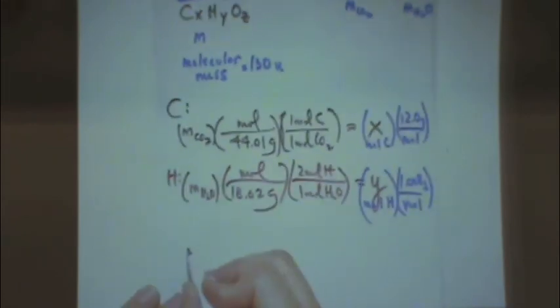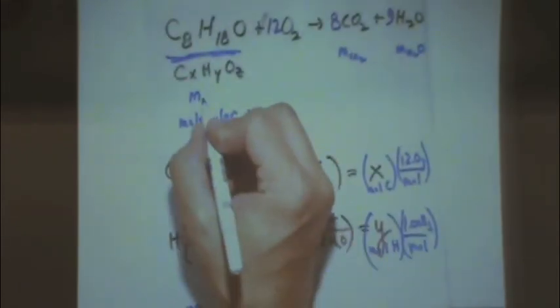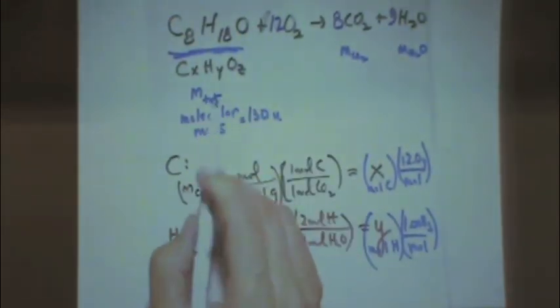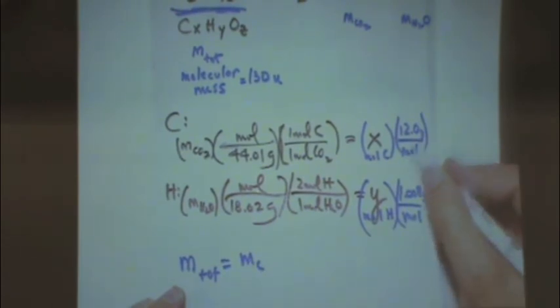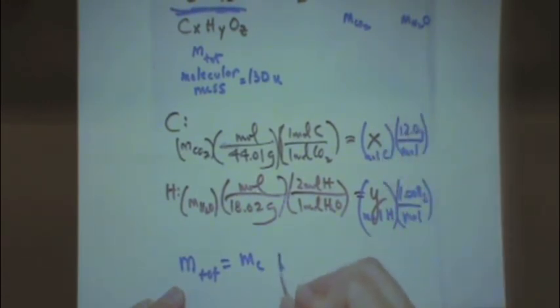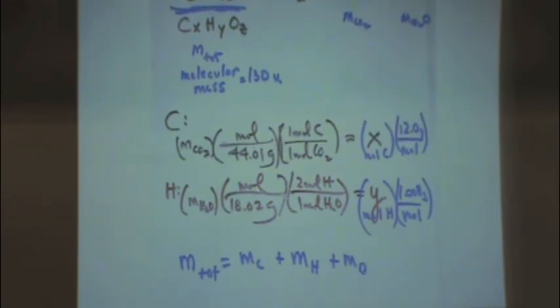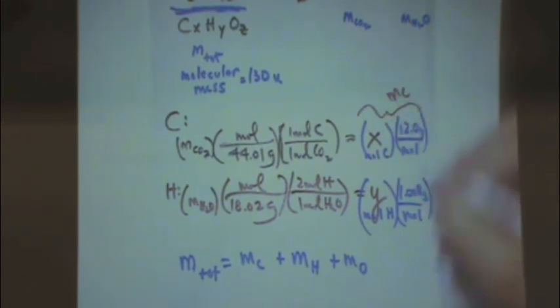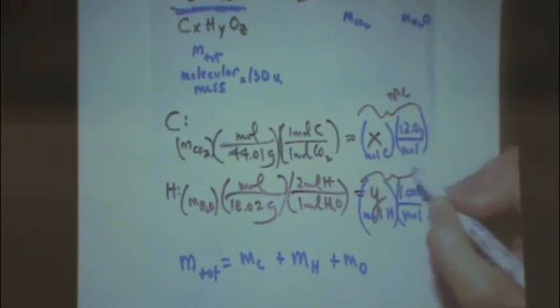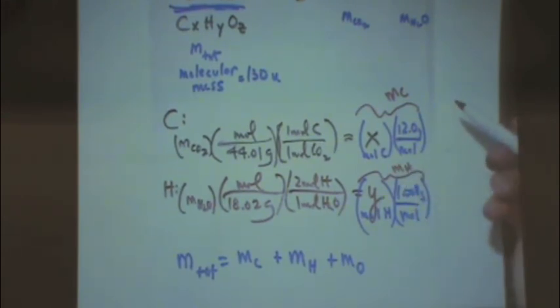I'll just write in blue as well. The mass, I'll call this mass total, just for lack of a better term, the big molecule. Mass total is the mass of carbon, which I just found up here, plus the mass of hydrogen, plus the mass of oxygen, just to clarify. This is going to be the mass of carbon, and this is going to be the mass of hydrogen. So once I make this conversion to grams, I have the mass of carbon.